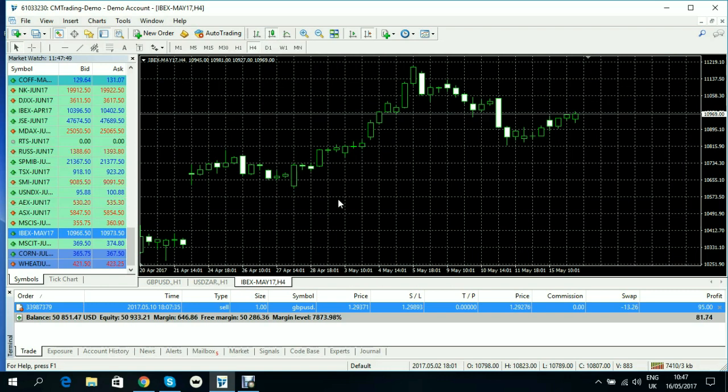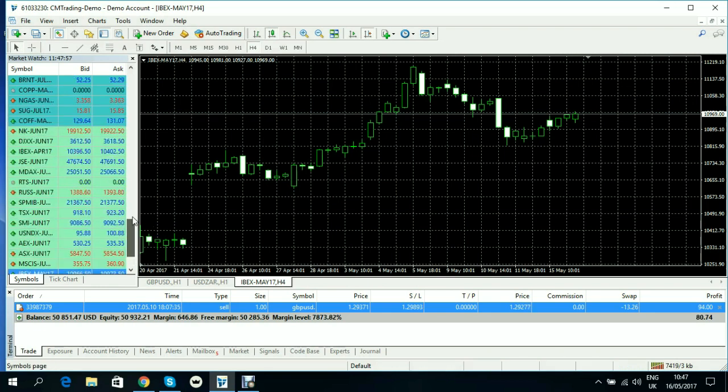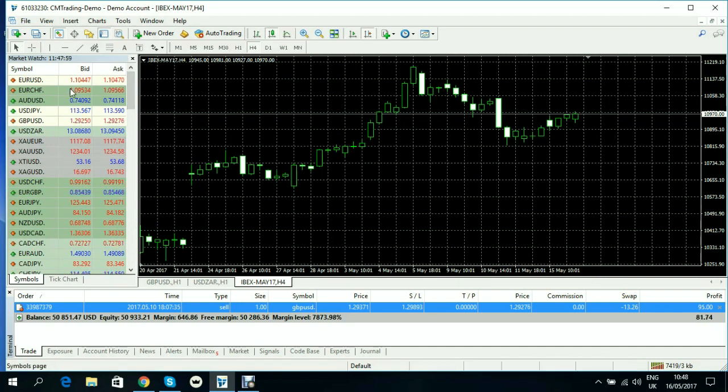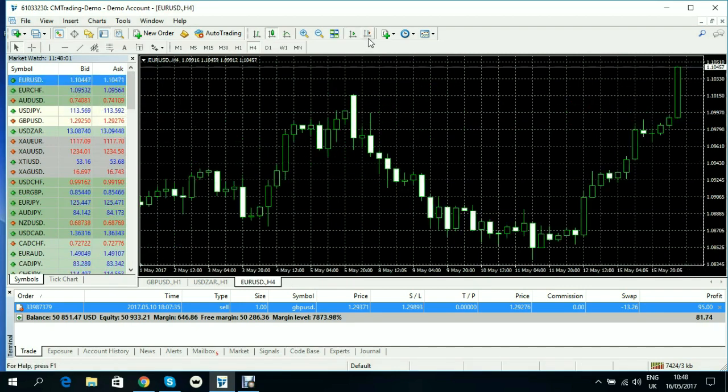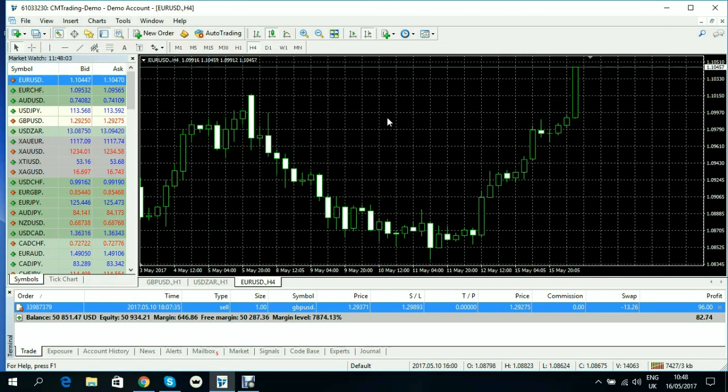Alright, first of all, let's try to insert the RSI indicator. To insert the RSI, or the relative strength index indicator, we go to Insert.